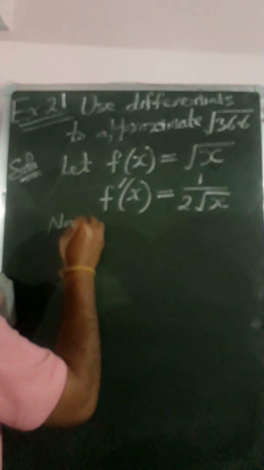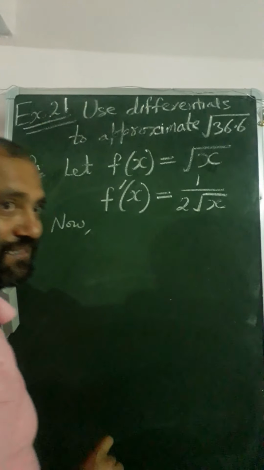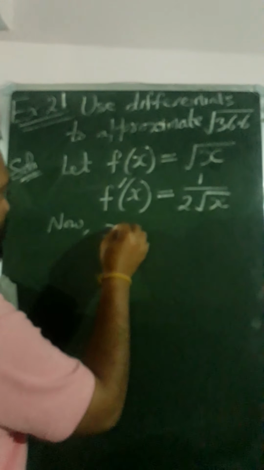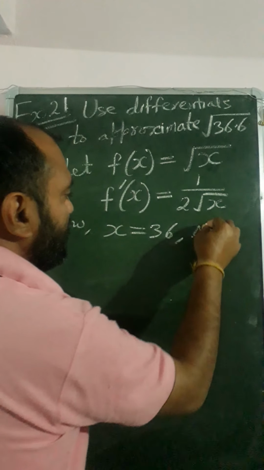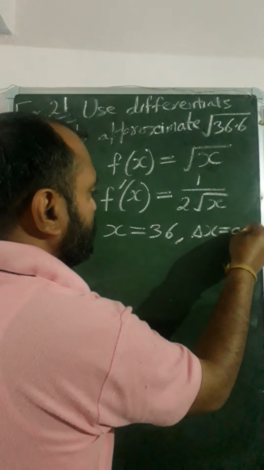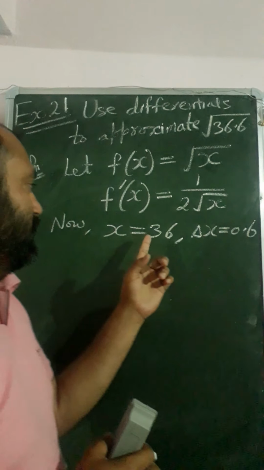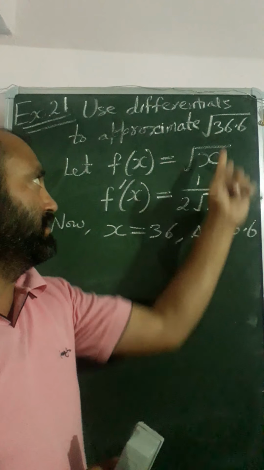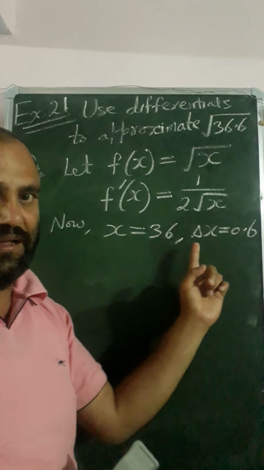Now we have to break this 36.6 as, let x is equal to 36 and delta x is equal to 0.6. Why am I taking this? Because the sum of these two is 36.6, x plus delta x.